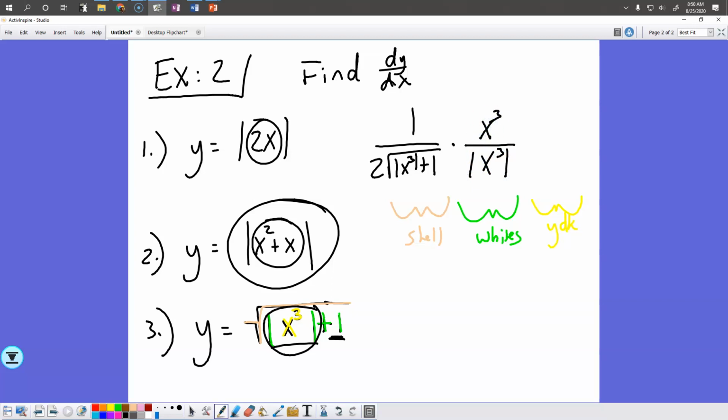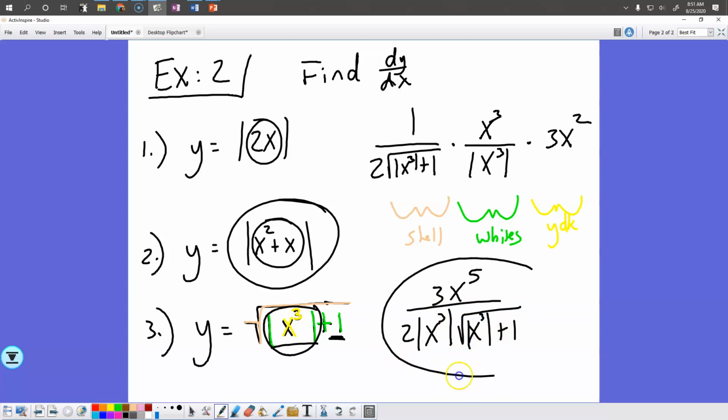And then we're going to do the yolk. The yolk is the yellow part there, so the derivative of x cubed is 3x squared. Okay, I'm just going to leave it like that. Well, I guess we could put it together. If you put all the tops together, you would get 3x to the 5th. If you put all the bottoms together, you would get 2 absolute value of x cubed, square root of the absolute value of x cubed plus 1.